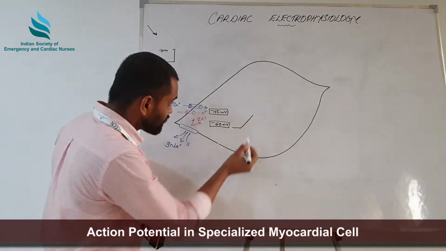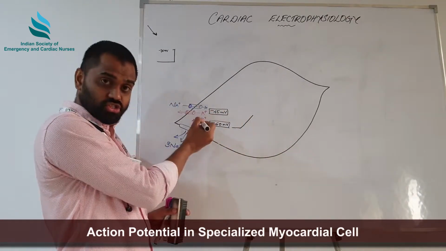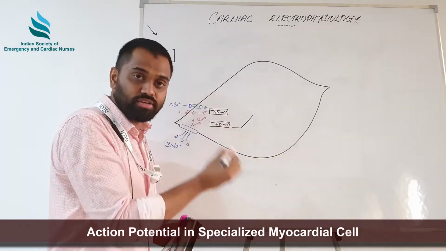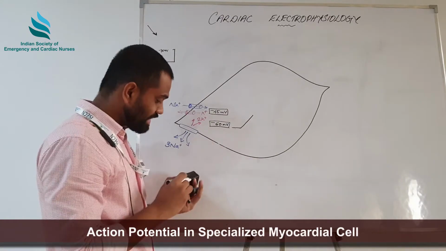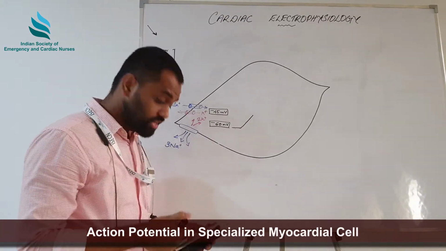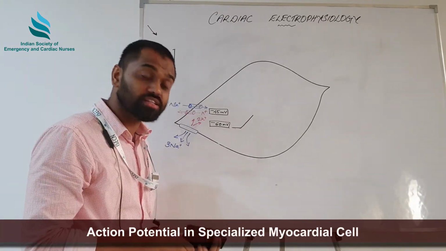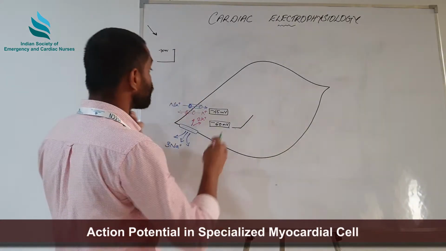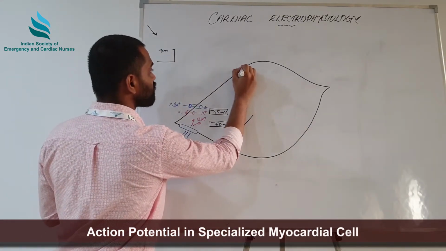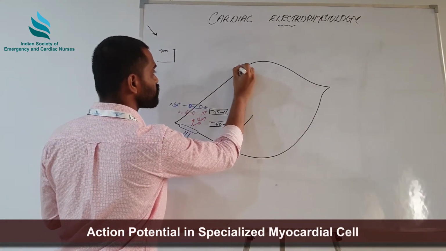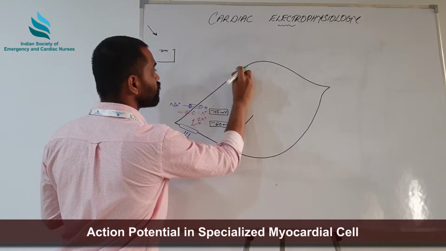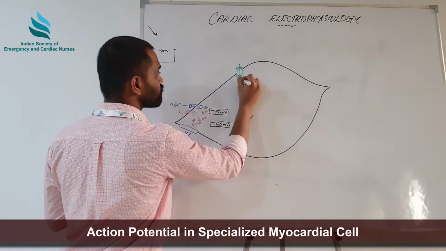Now, as the electrical potential touches the landmark of minus 45 millivolts, suddenly the voltage-gated calcium channels open here in the SA node. So which channels are responsible here for the action potential? They are the voltage-gated calcium channels.